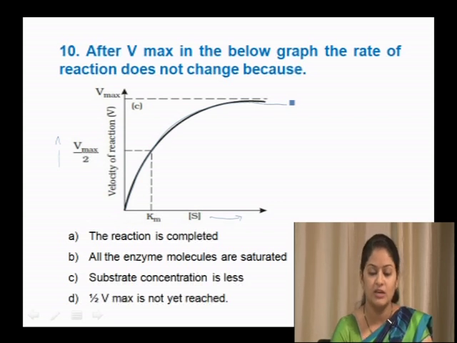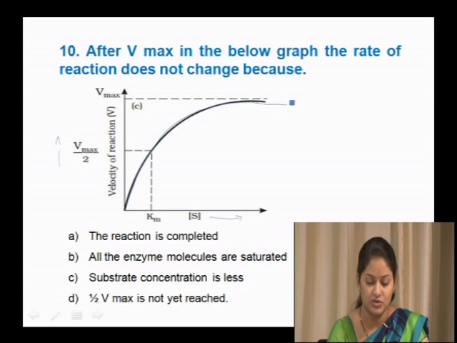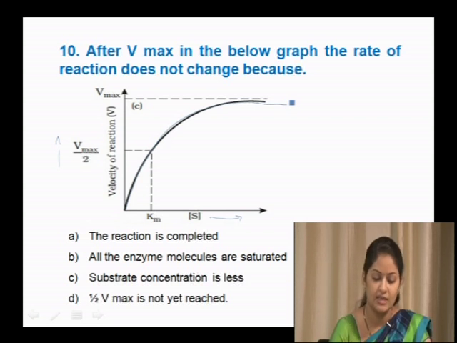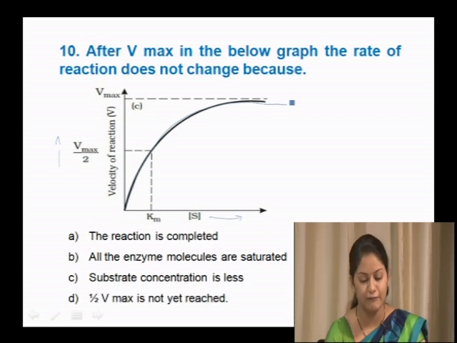So the options are A, this particular graph is indicating the reaction is completed, or B, all the enzyme molecules are saturated, C, substrate concentration is less, or D, half Vmax is not yet reached.